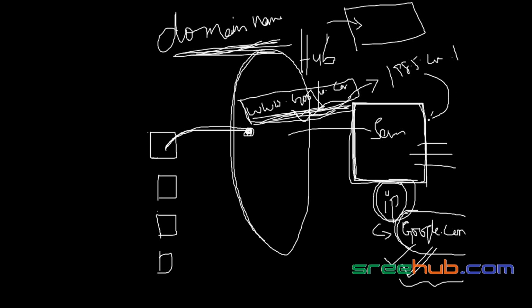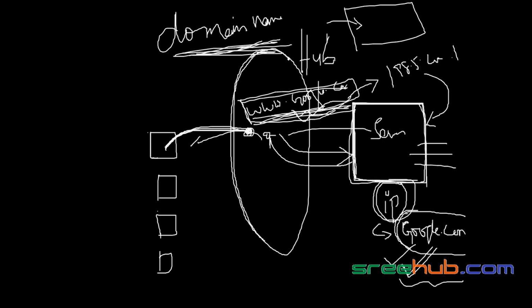This IP is the server's IP. This domain name will be automatically routed: it will route your request to the server called google.com. Then the server responds, and the hub takes care of routing that response to you. That is how your communication works.